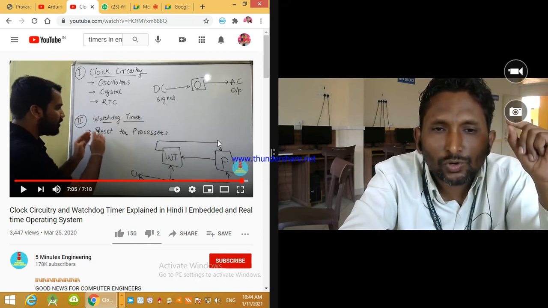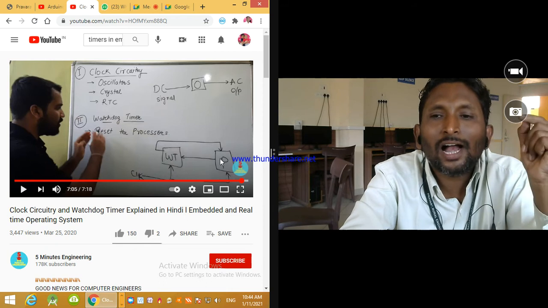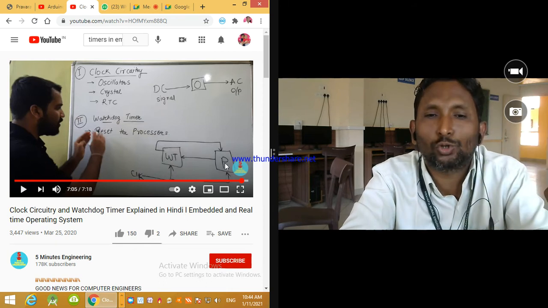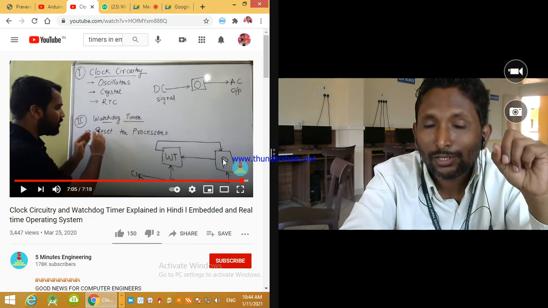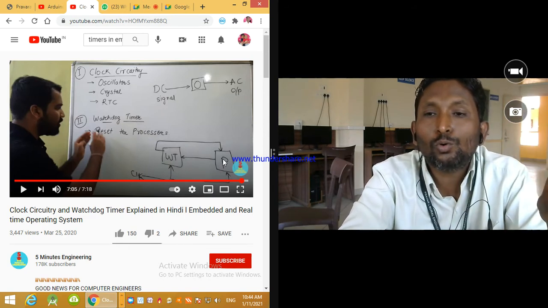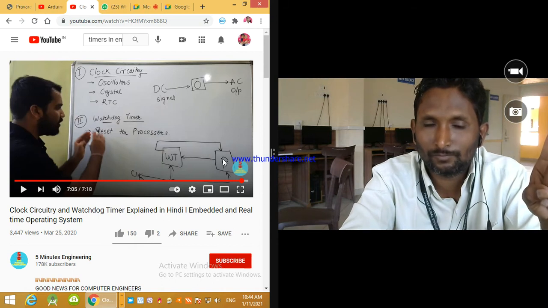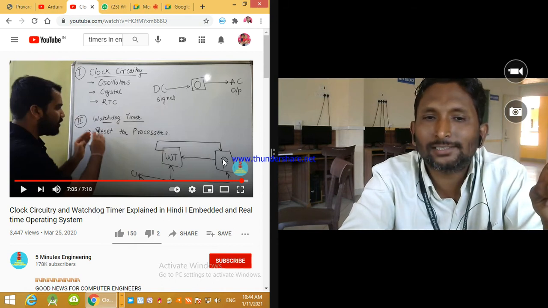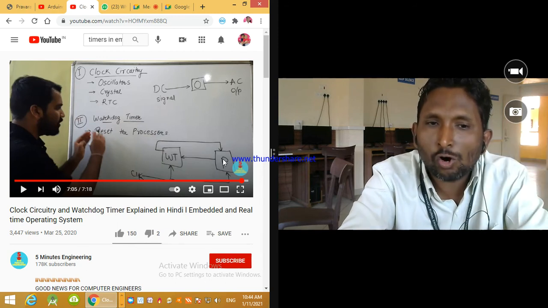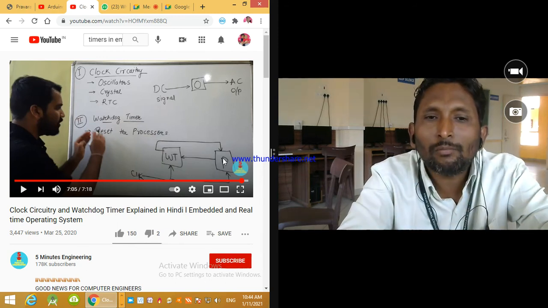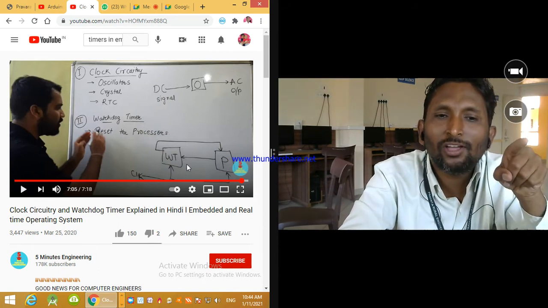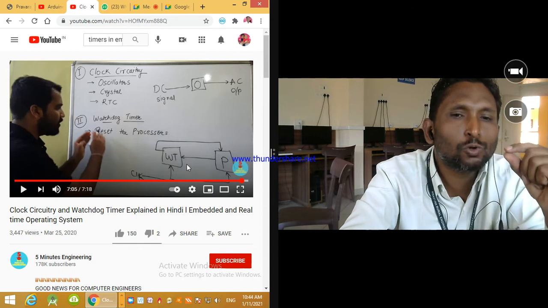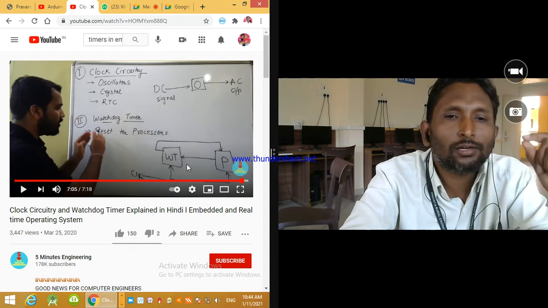It sends the reset circuit signal and the processor gets reset, and starts again from the beginning, right? To avoid the failure, to avoid the crash, to avoid the disaster, to avoid the wrong output. This phenomenon is followed with the help of this hardware, and this hardware is known as the watchdog timer.